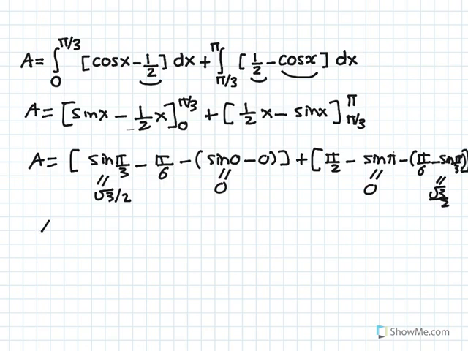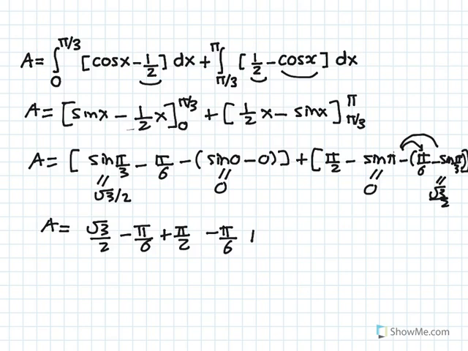So let's expand this and simplify. What we have is root 3 over 2 minus pi over 6, plus pi over 2 minus pi over 6, distributing the minus sign, minus pi over 6, and minus times minus gives us a plus root 3 over 2.